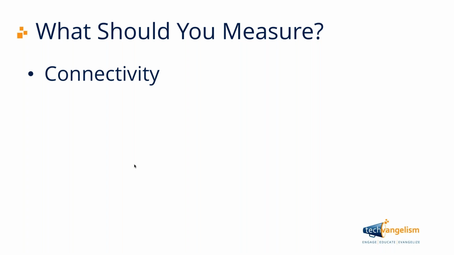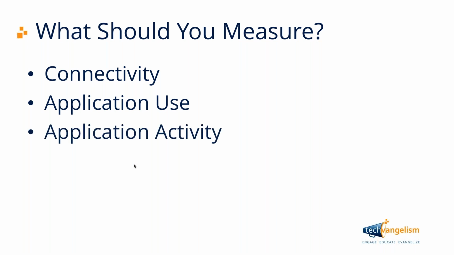If they're purely remote, you're not necessarily going to be able to measure connectivity. But thinking about connectivity, maybe thinking about application use. That way you're monitoring to see how often they are utilizing, let's say they're remotely doing accounts payable, they're inside the accounts payable application, utilizing it, it's open, those kinds of things. And then the last one is even just application activity.